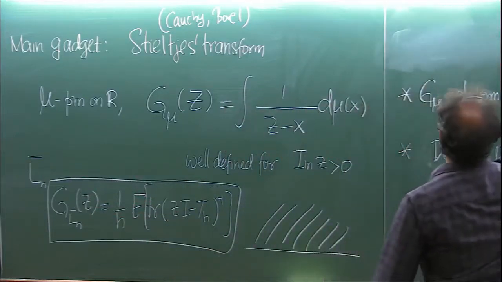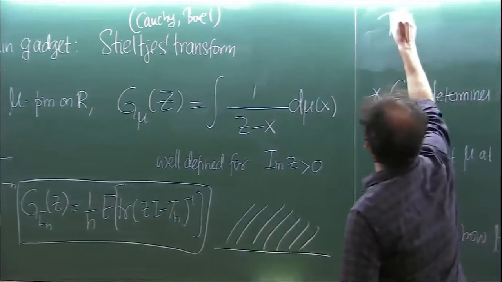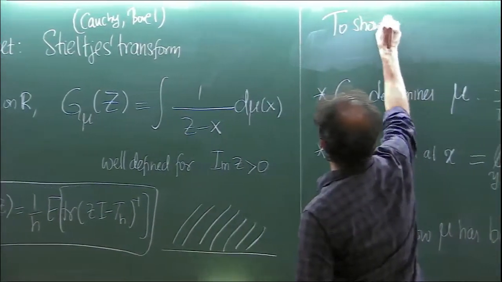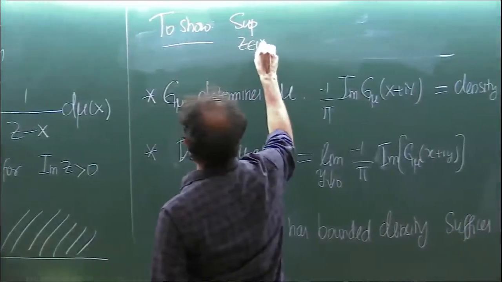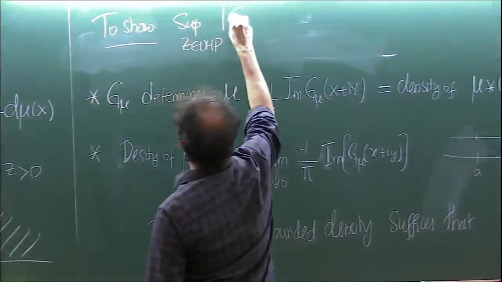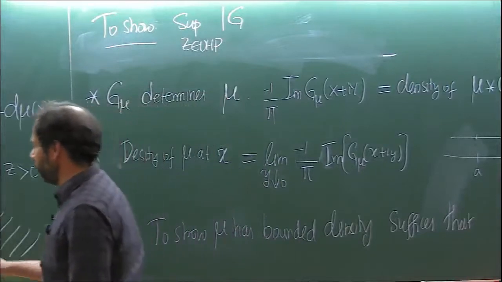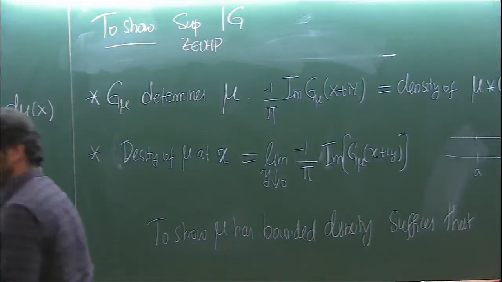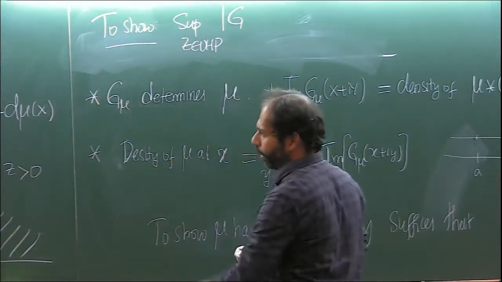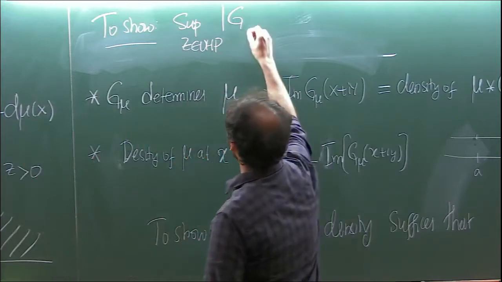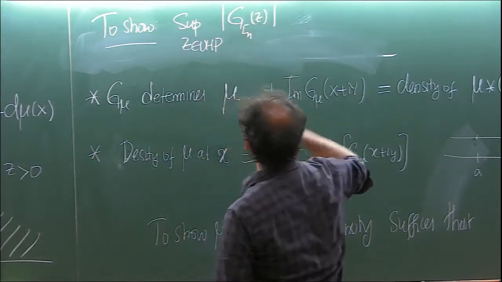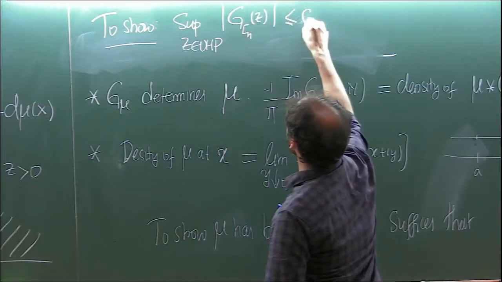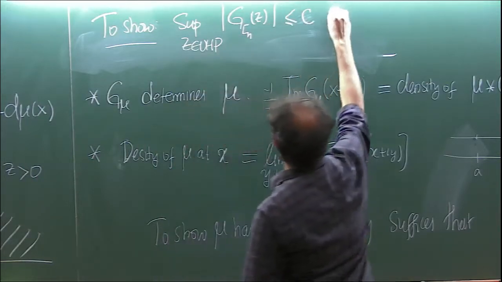Maybe I'll just write it here. This is T_n over square root n, which is what I would like to consider. So G of L_n bar of z is less than or equal to C, uniformly over n.